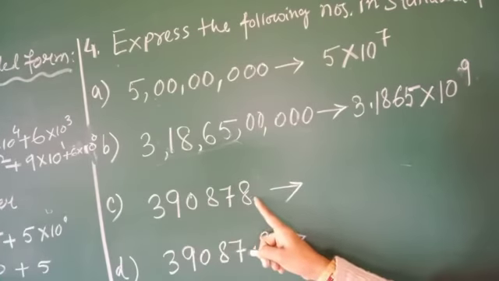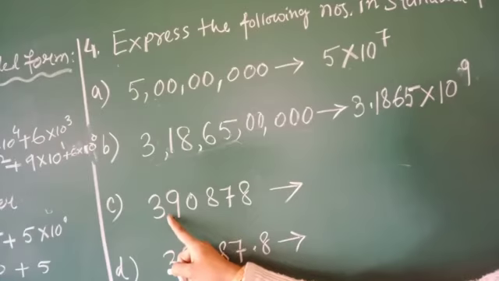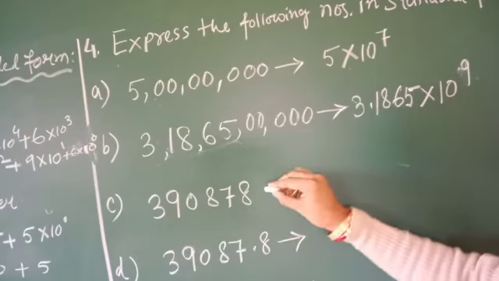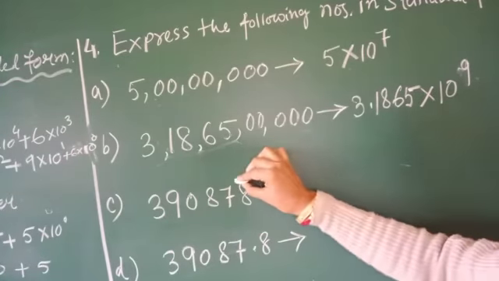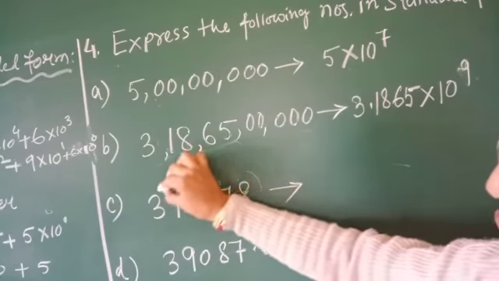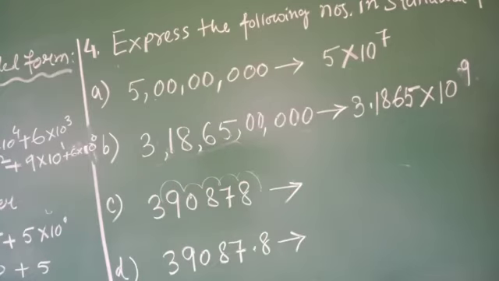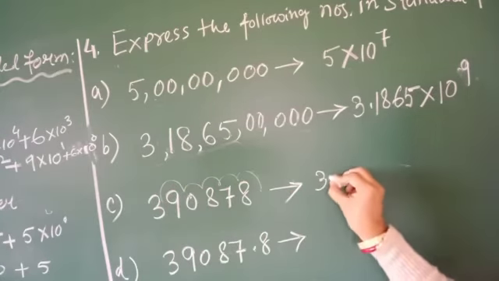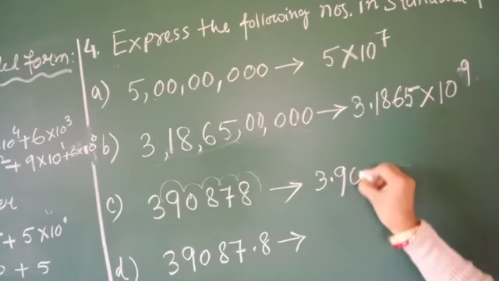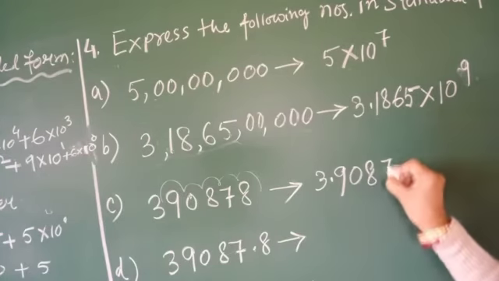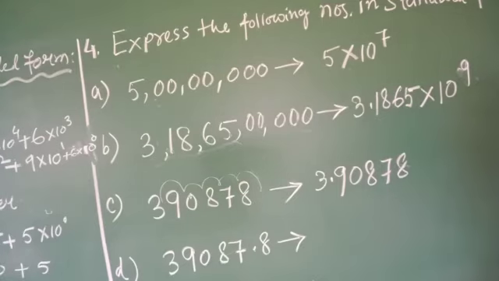390878. I have to write it in standard form, so I have to give the point here. The point is moving from here, 1, 2, 3, 4, 5 places. So I have to write the complete number that is given here, 3.90878.